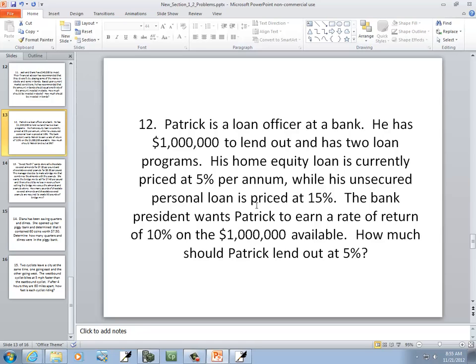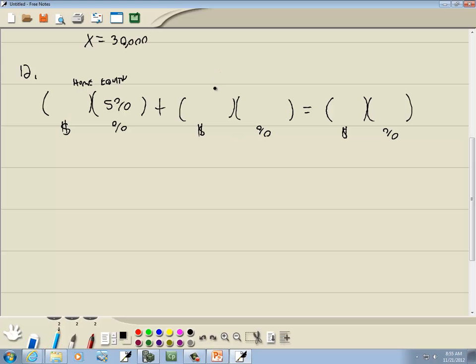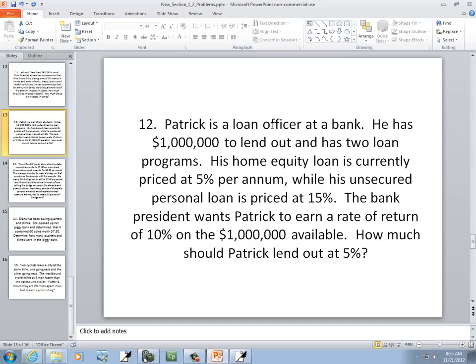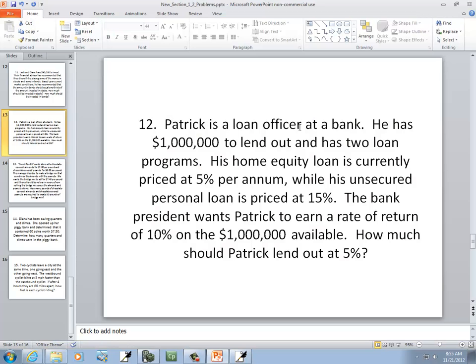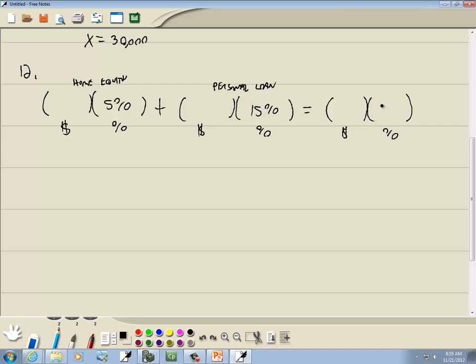The unsecured personal loan, not that you can read that, but personal loan is 15%. The bank president wants Patrick to earn a rate of return of 10%. So we want the interest over here, the rate of return, to be 10% on 1 million available. So this will be 1 million.